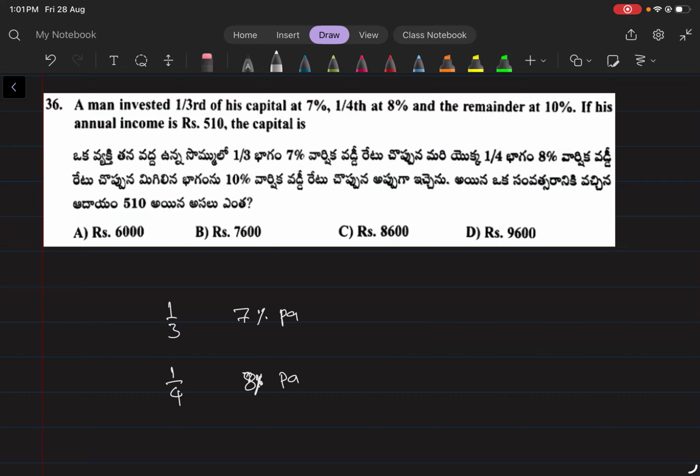The remainder at 10%. Remainder is how much?